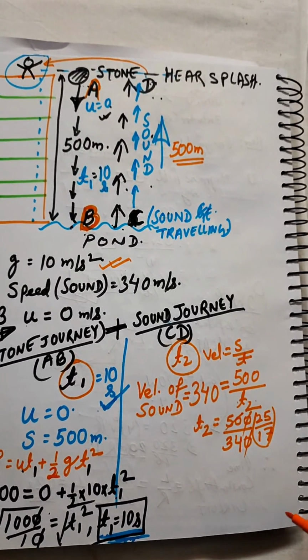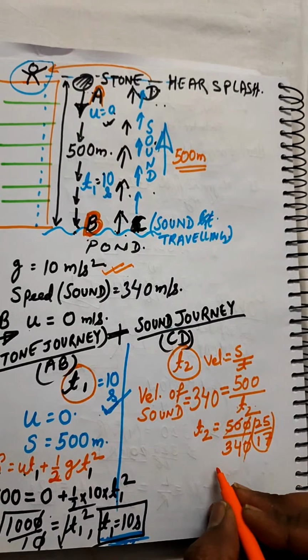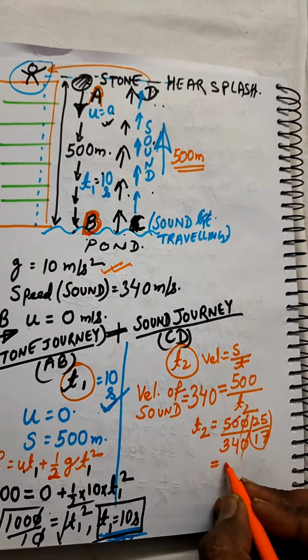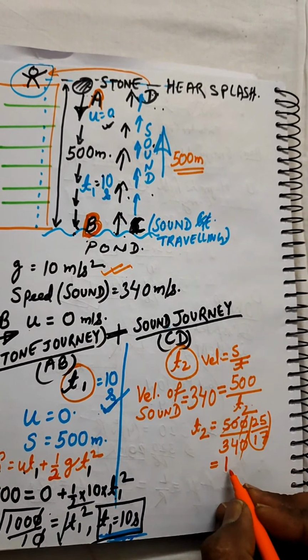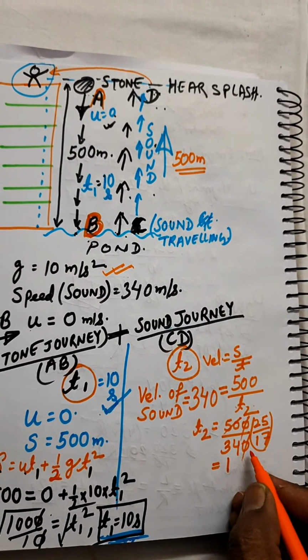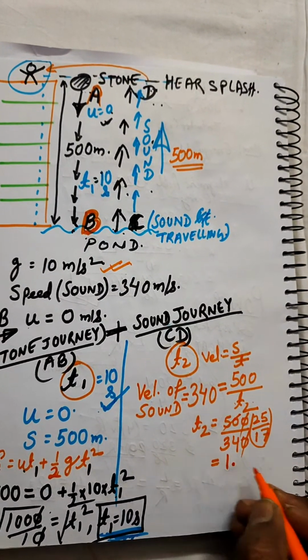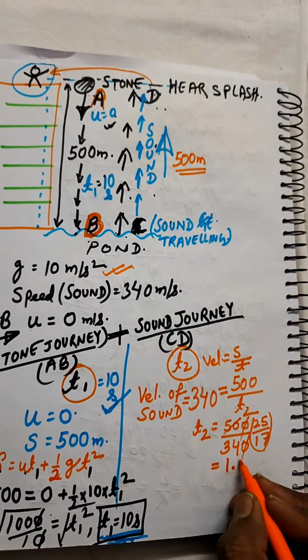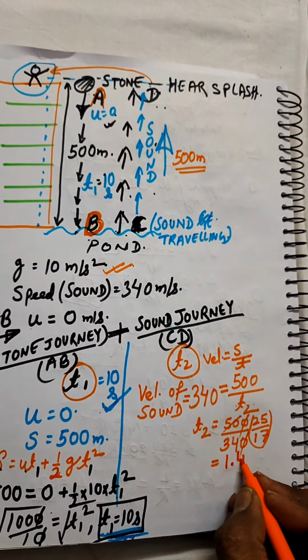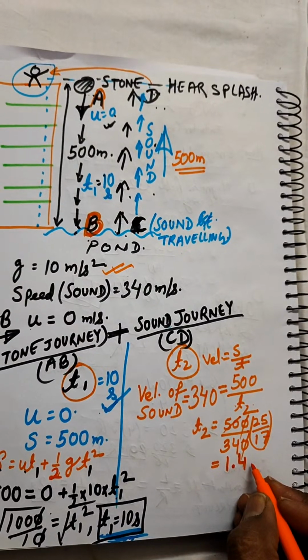So 25 by 17 is equal to 17, 1 times 17, then 8 will be balanced, put the decimal, 80, 17, 4, 68, then 12.